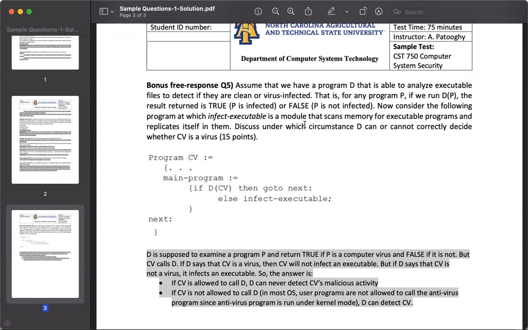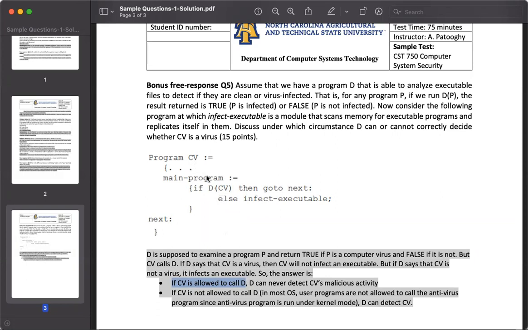Most of the time, normal user programs like CV are not allowed to call or execute D. So the answer to this question is, if CV is allowed to call D, in that case the situation happens that I just explained to you.